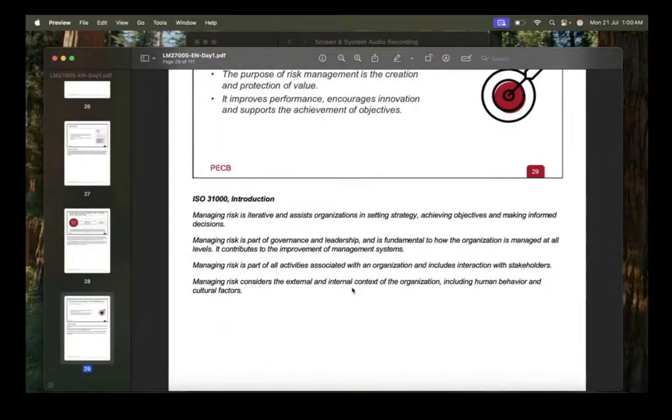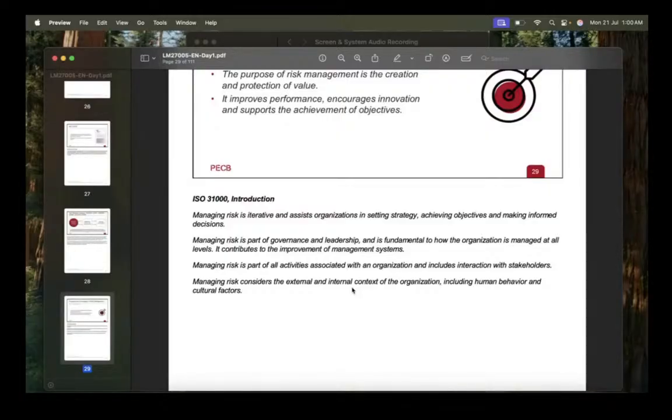Managing risk is iterative and assists organizations in setting a strategy, achieving objectives, and making informed decisions, which is basically what these standards do. Here, it is given for ISO 31000.